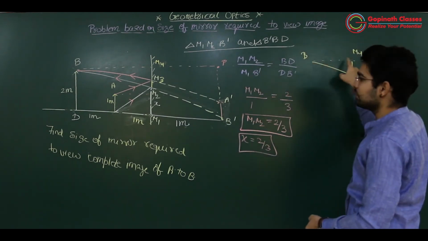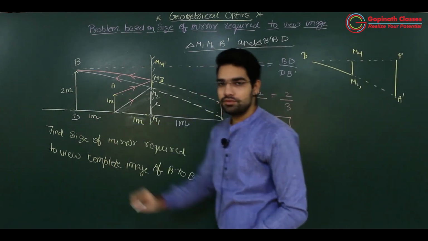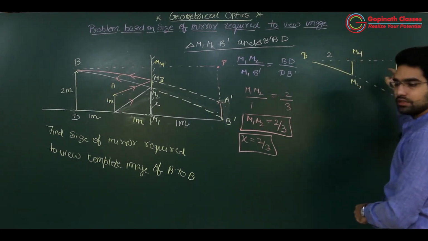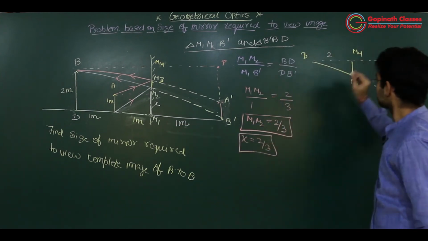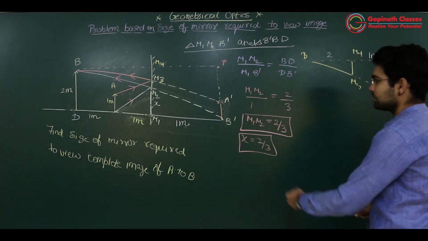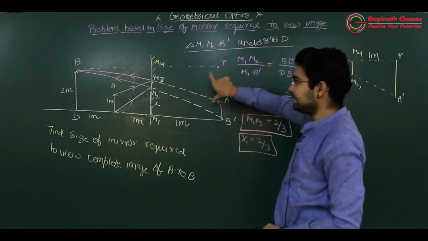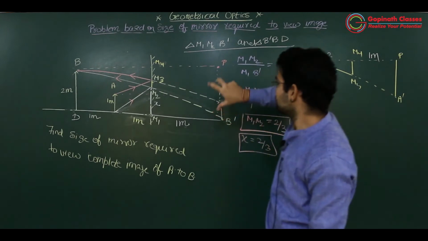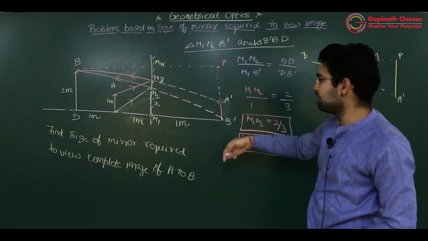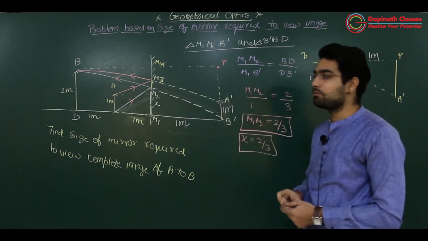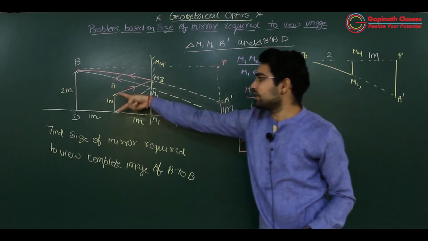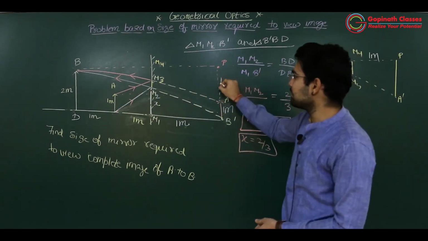Now B, M4 is 1 plus 1, 2 meter. And M4, P is 1 meter, and P, A dash, total distance is 2 meter, because the height of object B is 2 meter. So the complete one is 2, but the height of this one should be 1 meter, because we know this is a property of a plane mirror: the height of object and height of image will be the same.